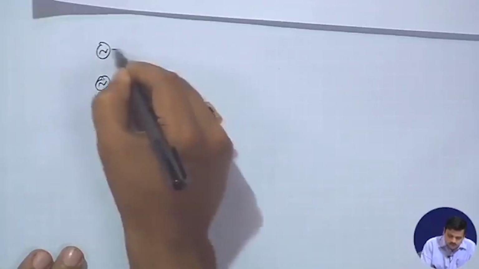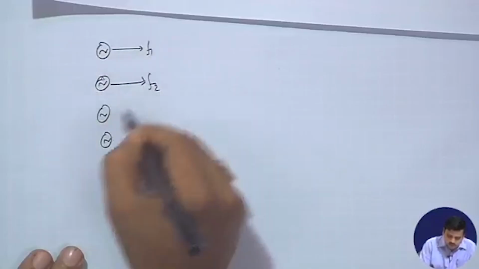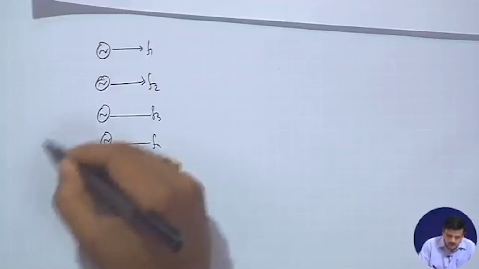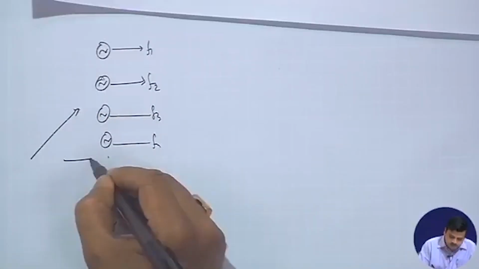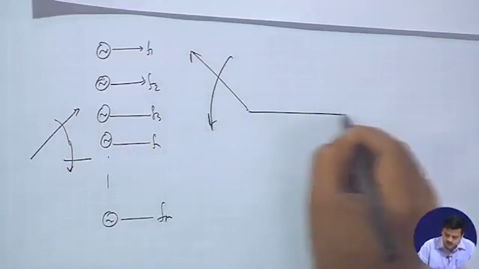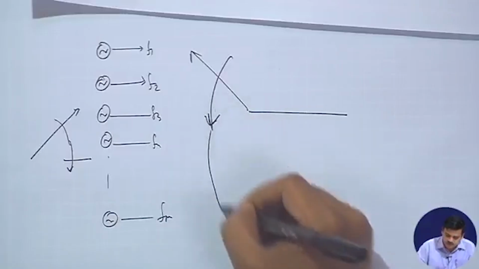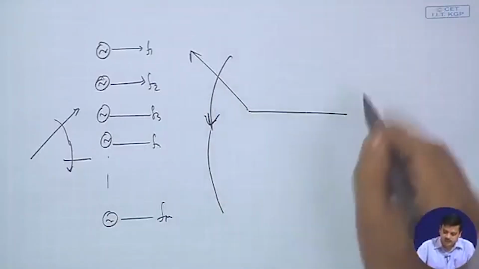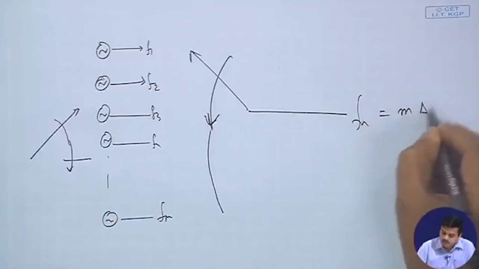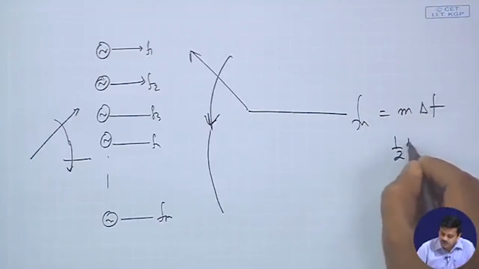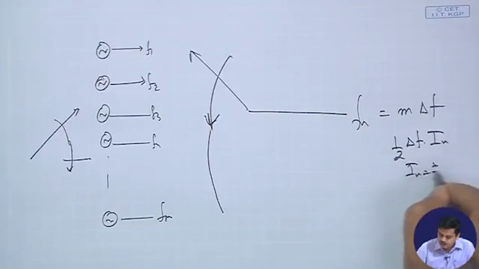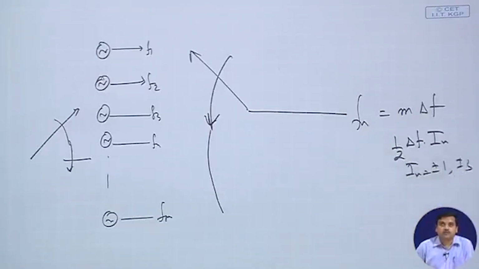So, what we probably have skipped in the earlier discussion is that instead of having several oscillators that send out different frequencies, and you have to select between these, or you could say that you are selecting between these frequencies, and you are sending the signal out and choosing f n, which was m times delta f, or we also said it is half delta f times I n, where I n equals plus minus 1, plus minus 3 and so on and so forth, right.